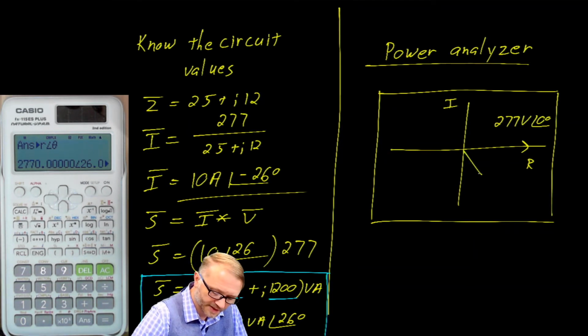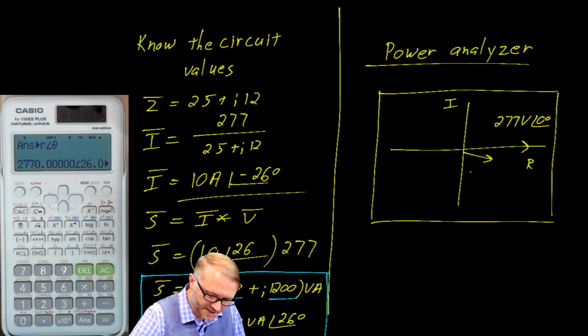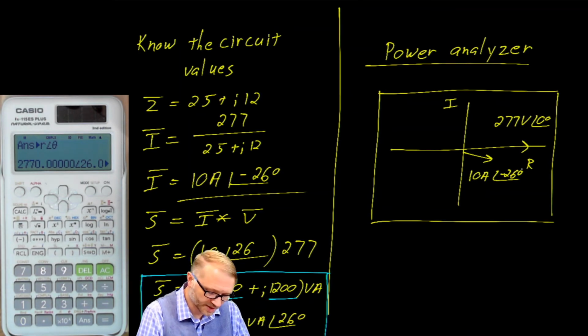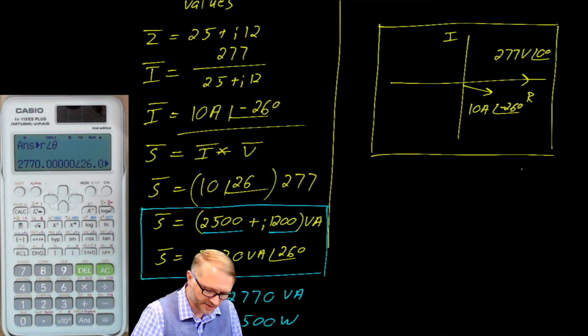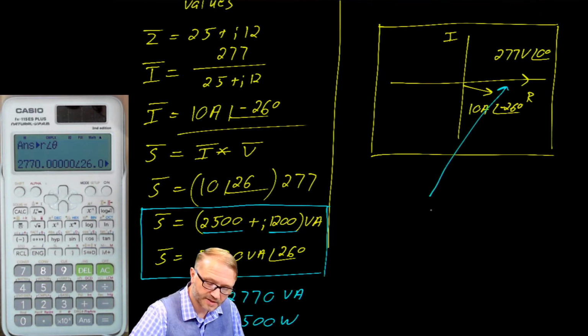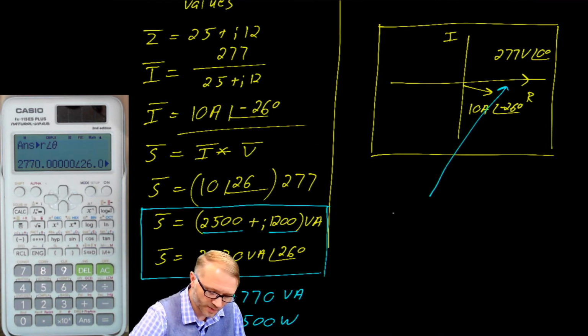And our current vector would be displayed like this, as 10 amps at a phase angle of negative 26 degrees. These power analyzers typically have a little bit of intelligence, so with the push of a button, it would automatically generate the P, Q, and S values for you. While we're talking about the power analyzer, you'll notice that the voltage vector is on the real axis. That's what's known as the reference vector.